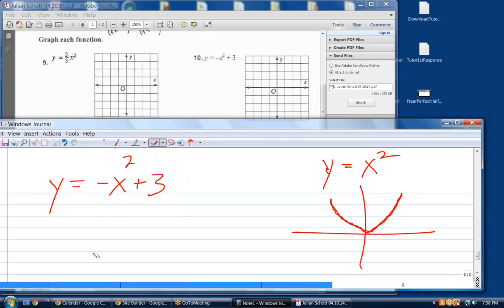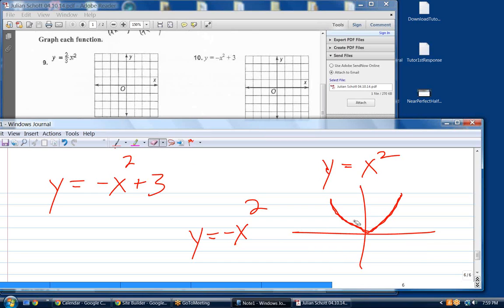Well, one of them's a negative, one of them's a positive. Well, there's more meaning than that. The negative sign in front of the function means it gets reflected about the x-axis. So if I wanted to plot just y equals minus x squared, it would look like that. I would just take my elementary function, and because of the minus sign, I would flip it.